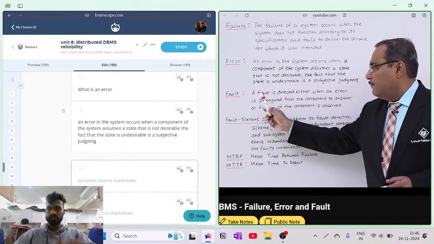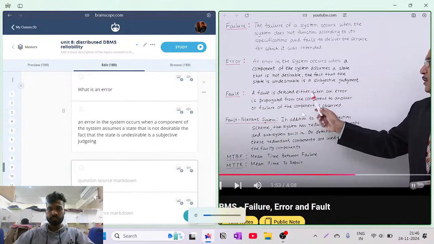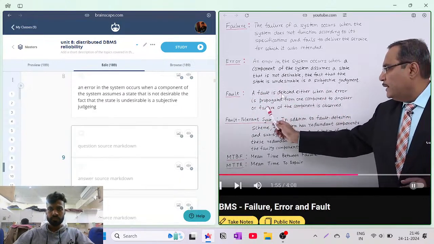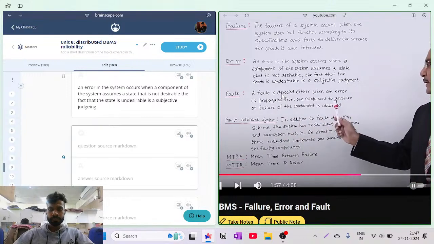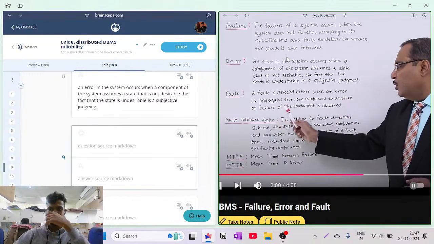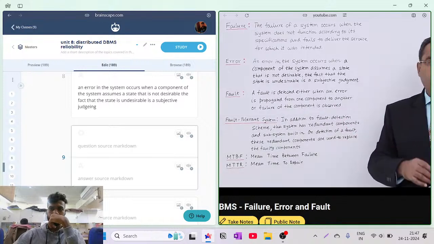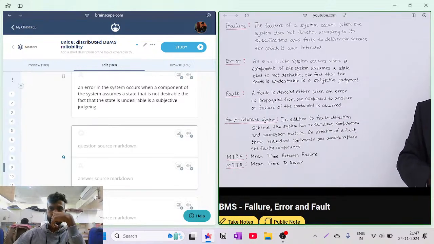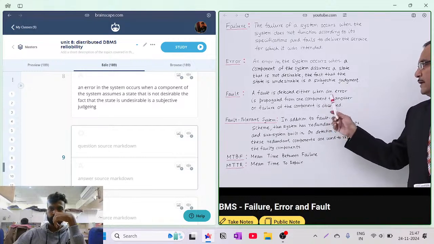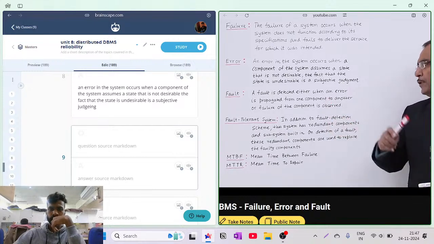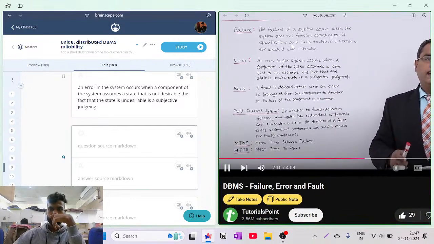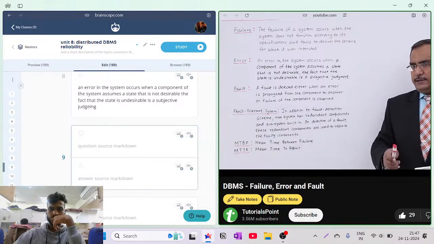Fault. A fault is detected either when an error is propagated from one component to another component, and failure of the component is observed. So that means when one error will propagate from one component to another component, then we shall say that one fault has been detected. That is one.